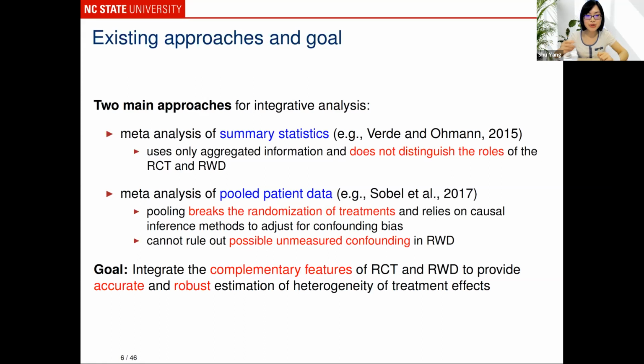But pooling breaks the randomization of treatment from RCT, and subsequently we rely on causal inference methods to adjust for confounding. And we can never rule out the possibility of unmeasured confounding in RWD. So the goal here is to integrate the complementary features of RCT and RWD so that we can have accurate and robust estimation for HTE.